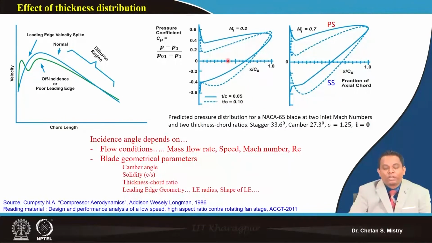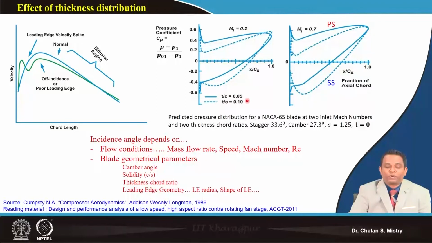Now if we look carefully, for an entry Mach number of 0.2, we have used two different thickness distributions. Remember, the thickness to chord ratio is the maximum thickness of the aerofoil. Here my thickness to chord ratio is 0.05, that means 5% thickness. Suppose I have a 100 mm chord, then I will have a thickness of 5 mm.